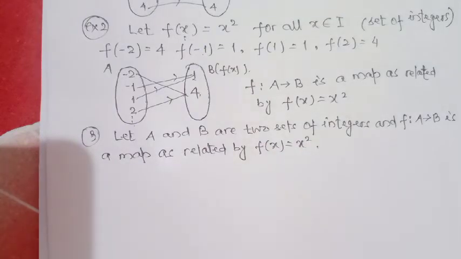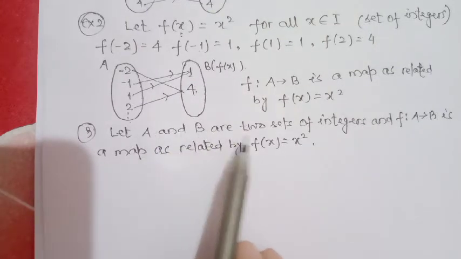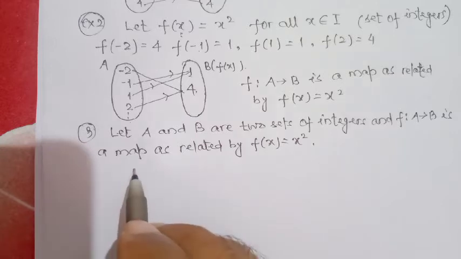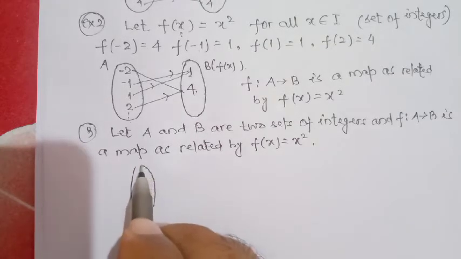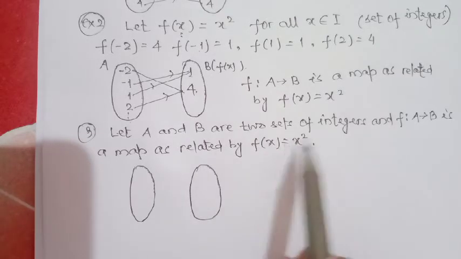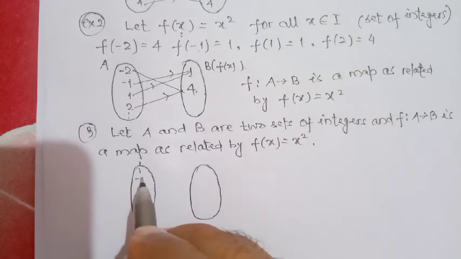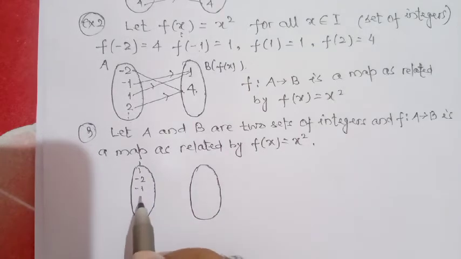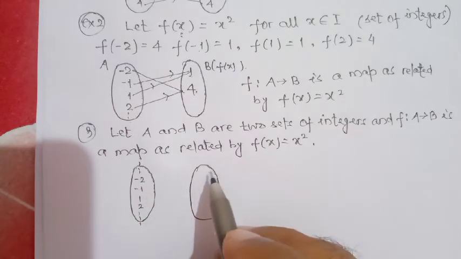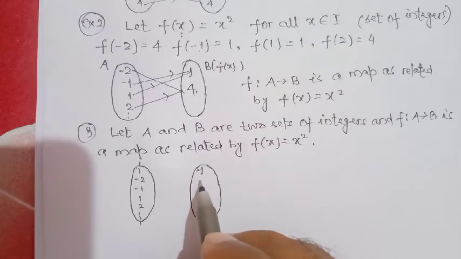So here, A and B are two given sets, so construct two sets. Set of integers: let it be minus 2, minus 1, 1, 2 and so on. These integers also contain here minus 2, or you may write 1, 2, 3, 4, 5 and so on.